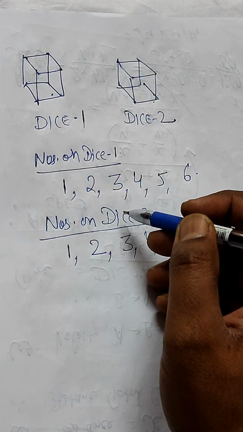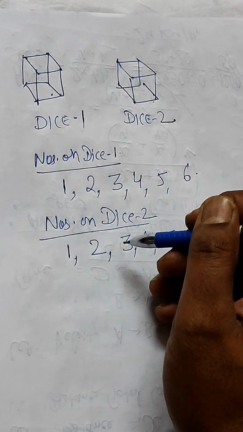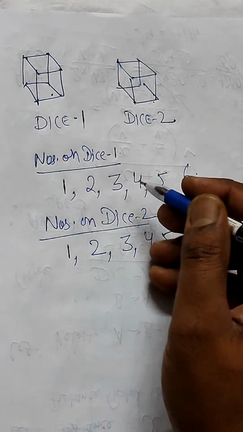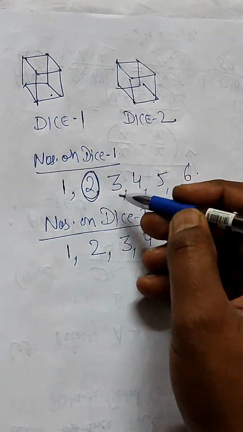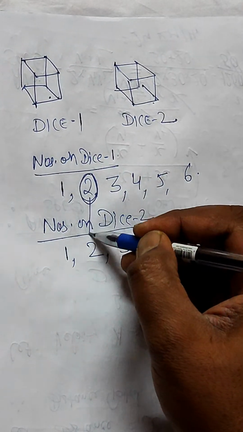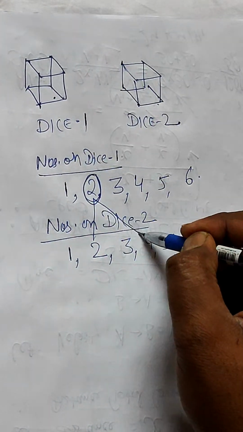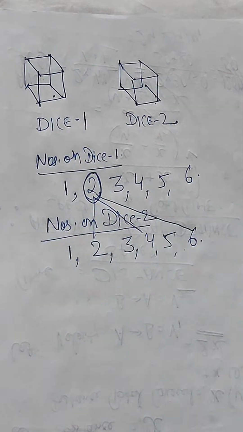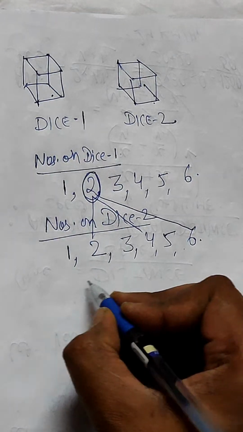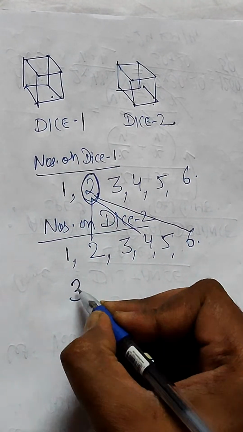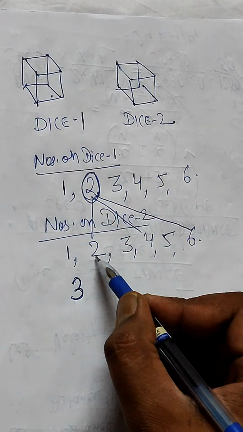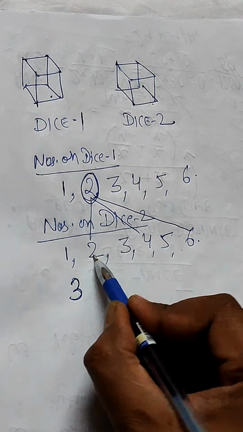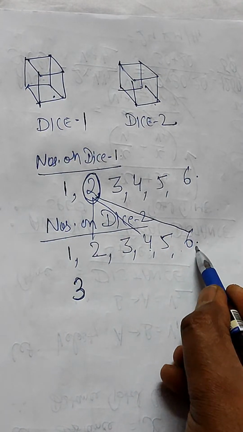So the probability of getting an even number is that when 2 is there, it can form any combination with 2, 4 and 6, right? So there are three such possibilities when dice 1 has number 2, which is even, and on the other dice the number can be 2, 4 and 6.